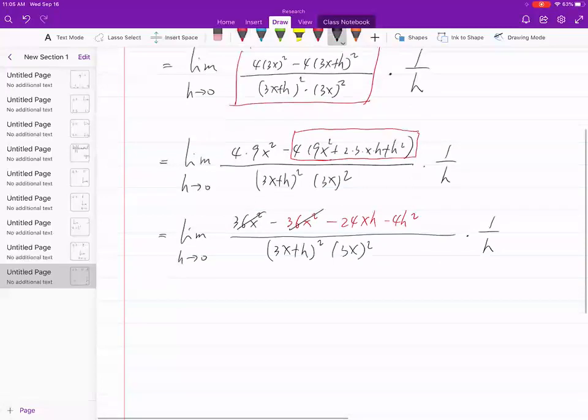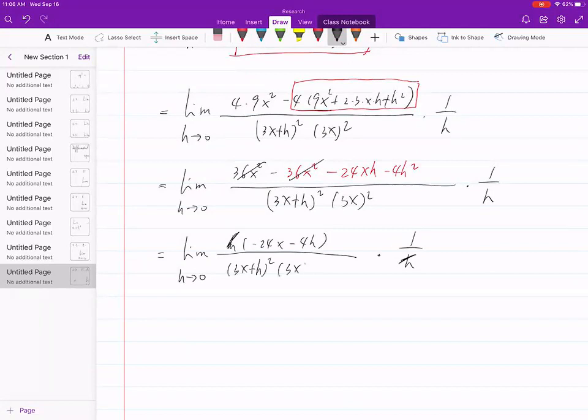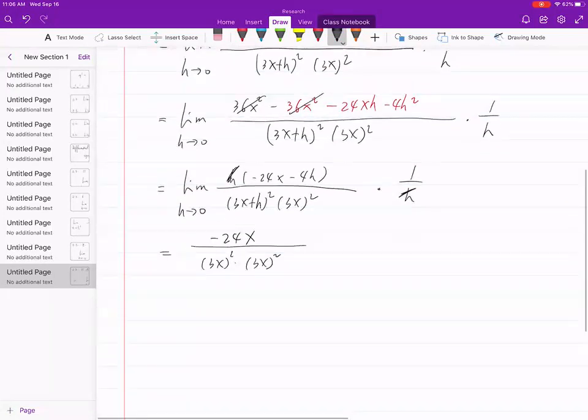Now notice the top clearly has a common factor h, which is exactly what we're trying to cancel out. Okay, and eventually this will be gone. Okay. So finally, let's plug in h equal to 0. That's basically the answer.